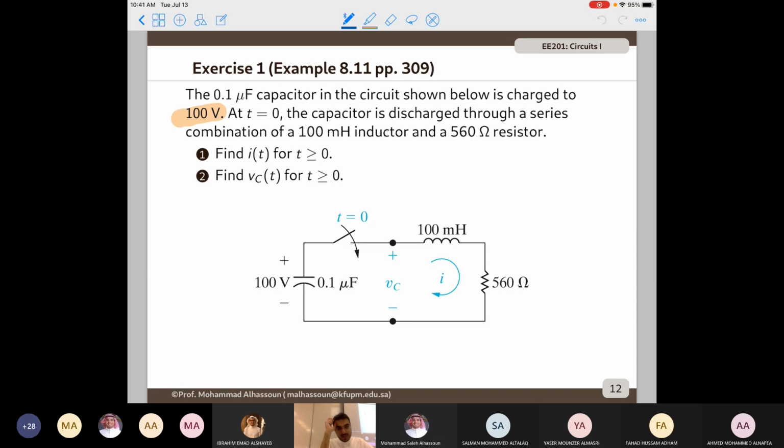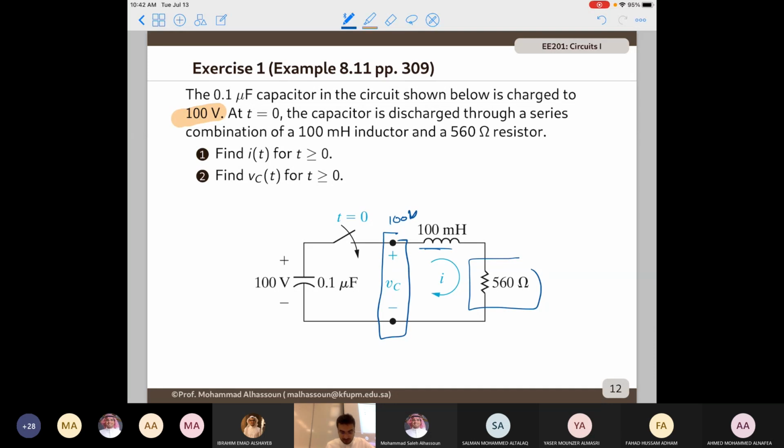What's left is this voltage, 100 volts here. If this one has 0 volts, it means that all voltage drop will be across the 100 millihenry. You can show that by applying KVL.